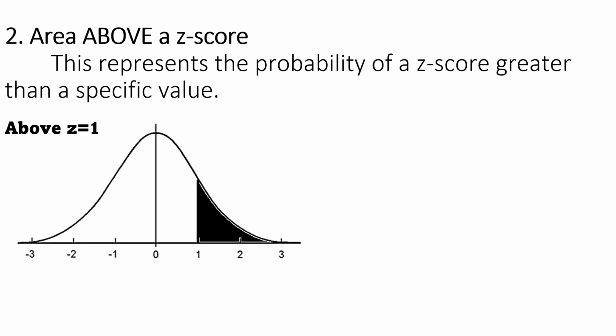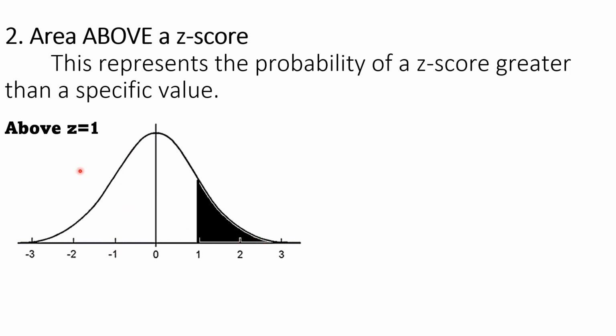So first locate z equals 1. So here is z equals 1. And then since we have the keyword above, we will shade to the right. It's the opposite of the first one.